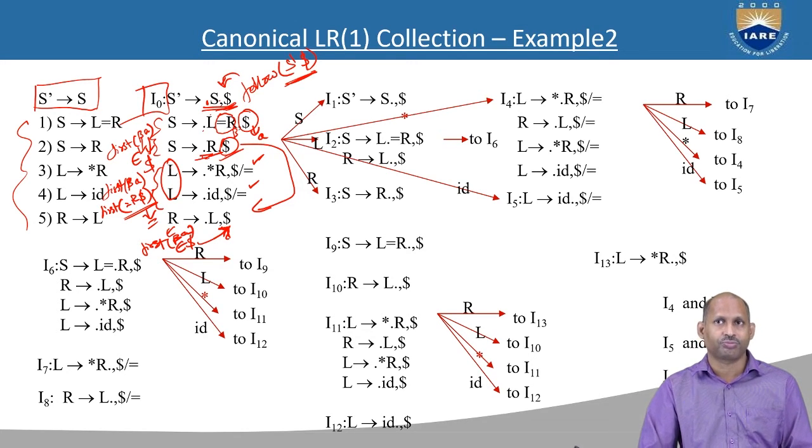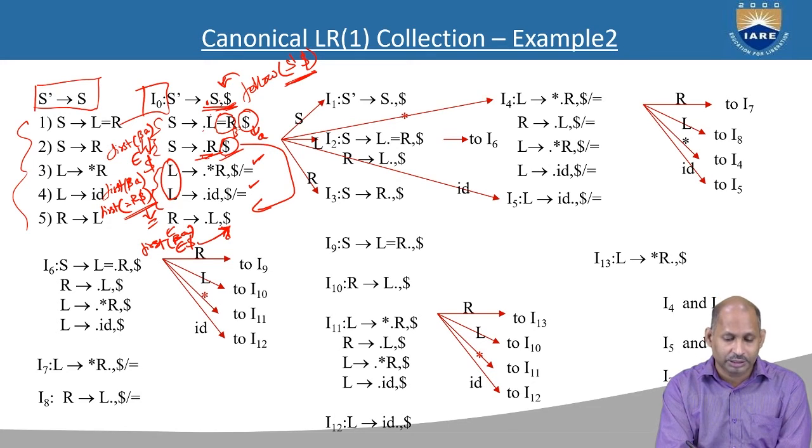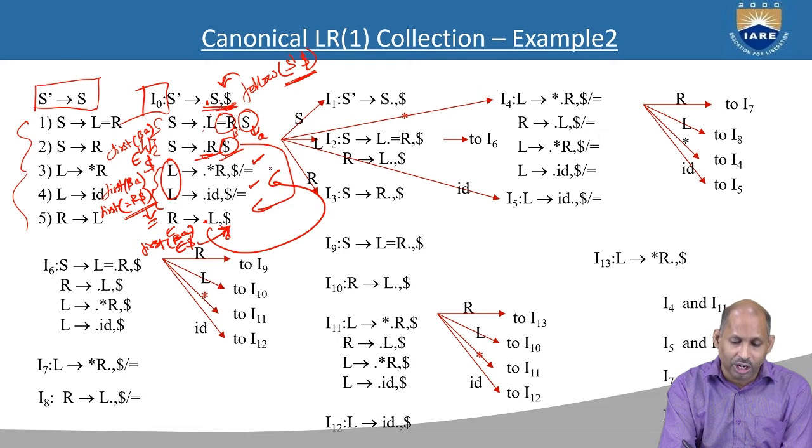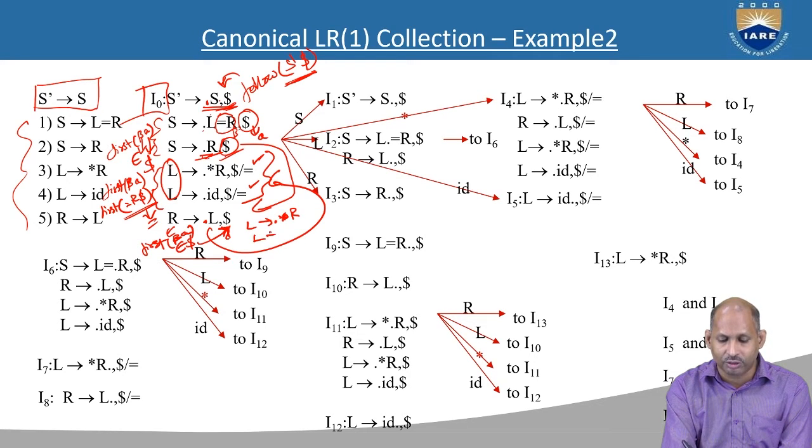Now from this one, dot L. So once again you have to construct these two productions: L equals dot multiplication R, and L equals dot ID. Then what are the symbols?